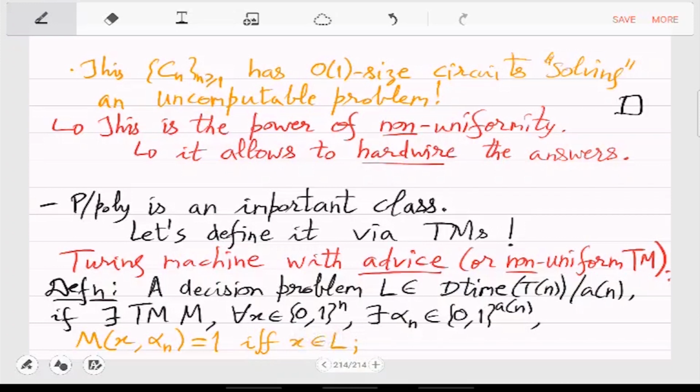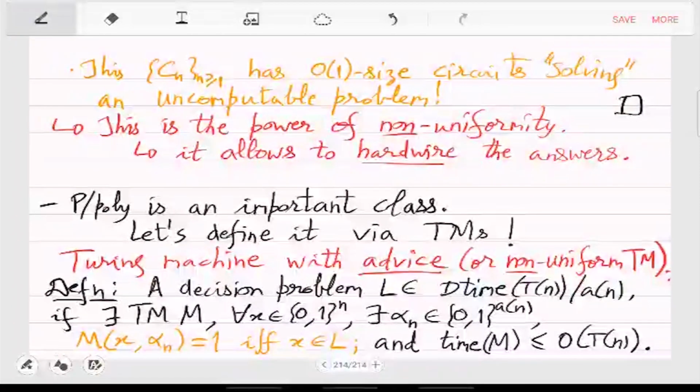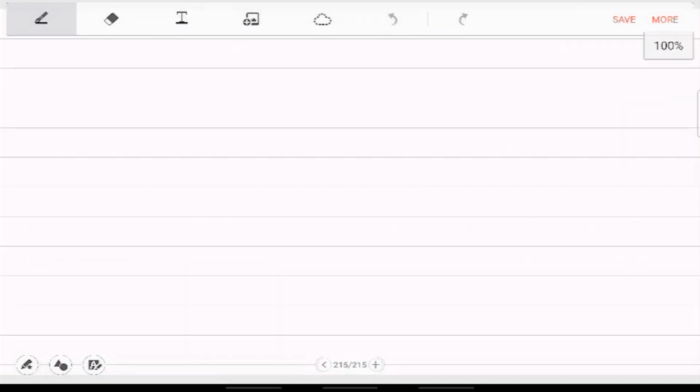And obviously the time of M on x is T(n). So M is a Turing machine that takes T(n) time on n-sized input x, and it works correctly if it is given advice for that length. Not for x but for that length. That's the important point.